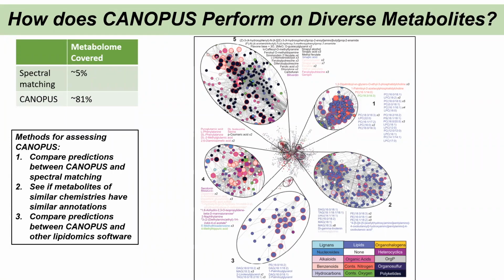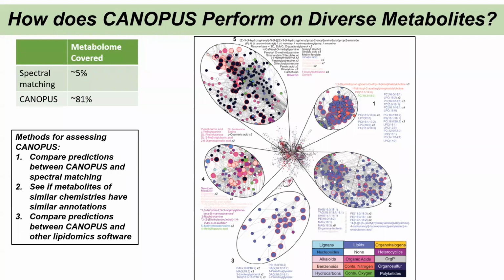For example, if two nodes here, each node representing a particular metabolite, are close together, then their spectra are very similar, and we can say their structure is most likely very similar as well. The colors of the different nodes correspond to the classification that CANOPUS has given these different metabolites.